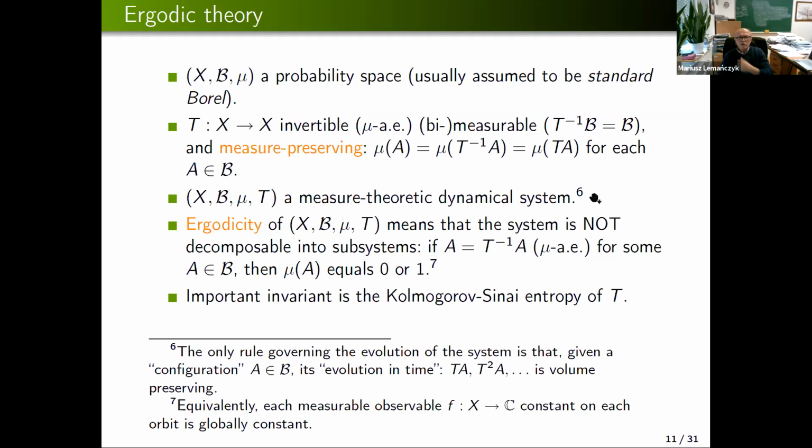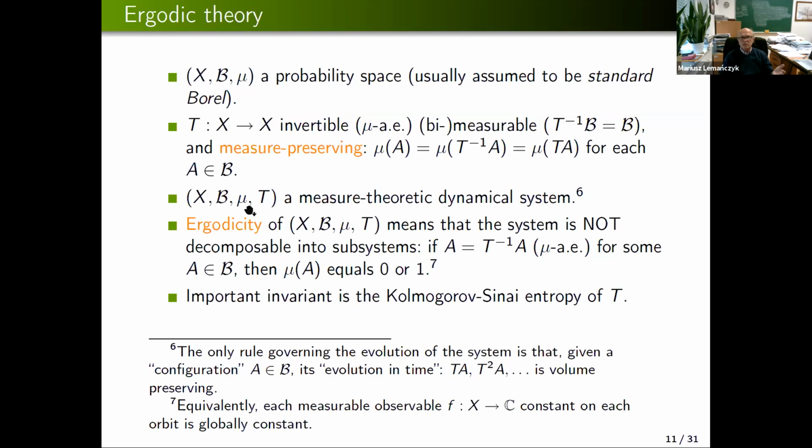And then we want to see the evolution. In fact we have a system in which we have the evolution, and the evolution is described in discrete time by the action of T. Now when I have this evolution, I would like to see what the rule of this evolution is. And here in ergodic theory, we say the only rule which we have is that the volume is preserved.